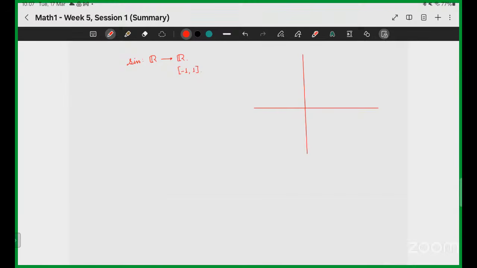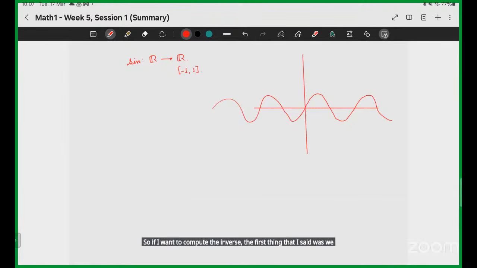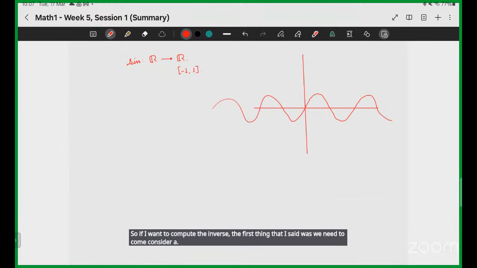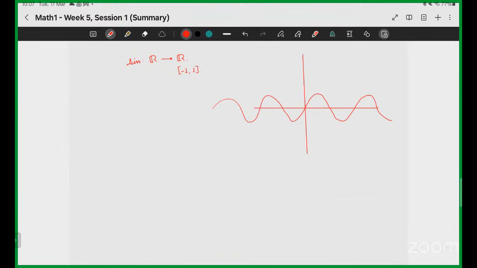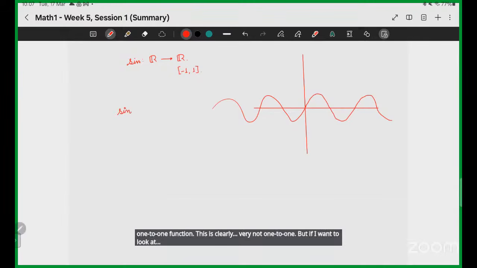This is okay. It'll be something like this, right? So if I want to compute the inverse, the first thing that I said was we need to consider a one-to-one function. This is clearly not one-to-one. But if I want to look at it as a one-to-one function, what do I need to do?